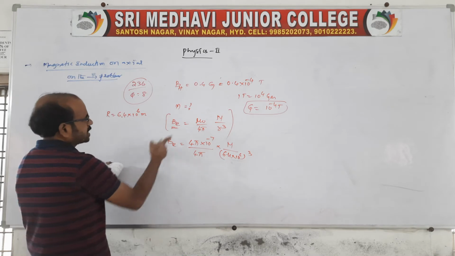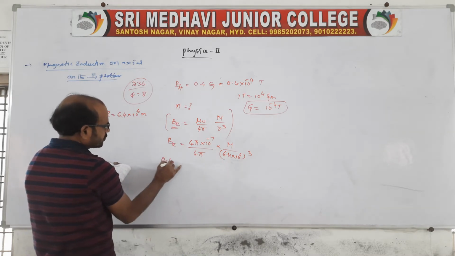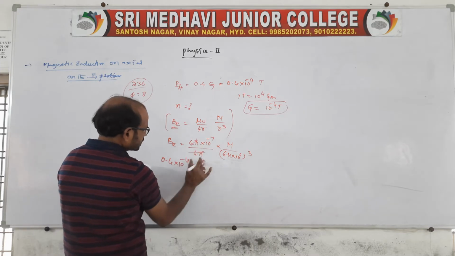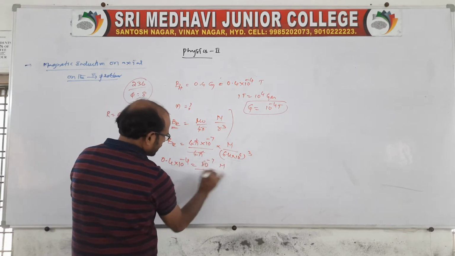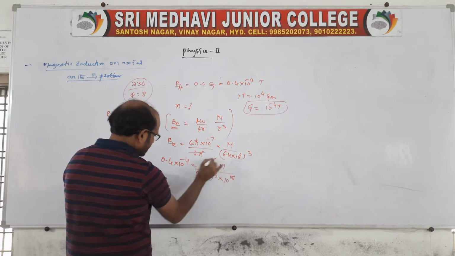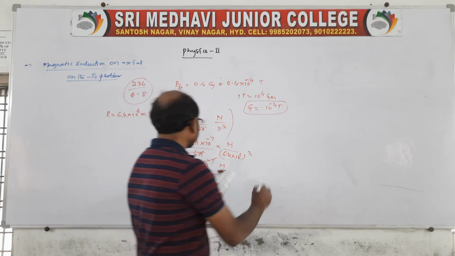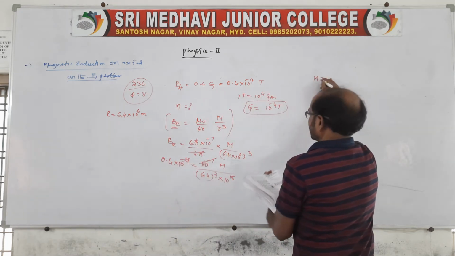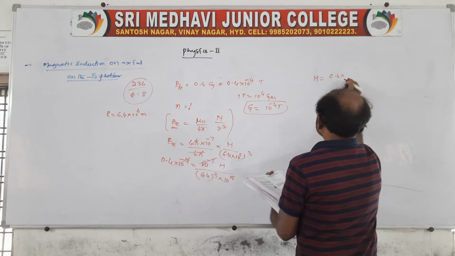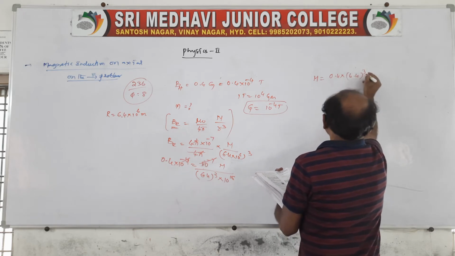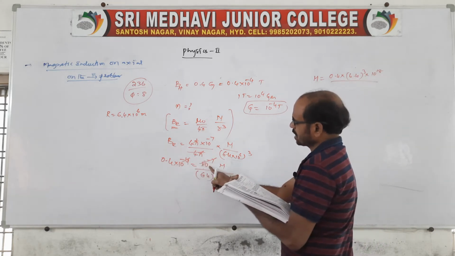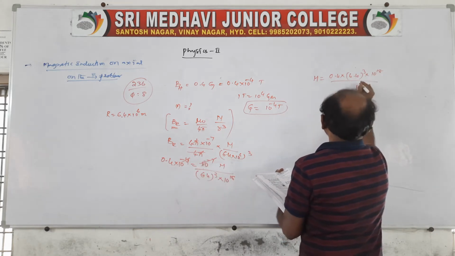Here B equatorial is given, that is 0.4 into 10 power minus 4, equal to 10 power minus 7 into M by (6.4)^3 into 10 power 18. Cancelling, the dipole moment M is 0.4 into (6.4)^3 into 10 power 18 by 10 power minus 4 and 10 power minus 7, which gives 10 power minus 3.